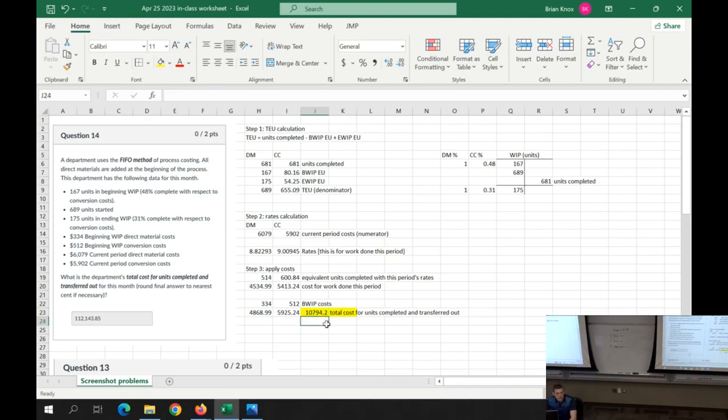Okay, any cells you want to see? Or is there a question? That's fine. I see. Well, I have another question. So if we're doing FIFO ending WIP, that would be the same for FIFO or weighted average. Yes. Just take the ending WIP times the rate. The ending WIP equivalent units times the rate. Yep.